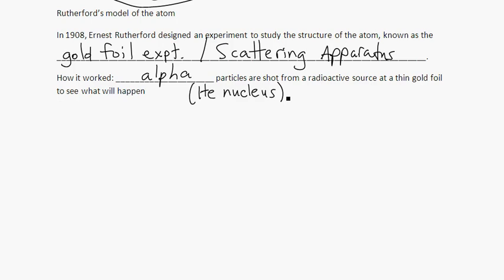So he took this radioactive element and he put it in a lead box with a hole in the box so that the alpha particles would be emitted in a specific direction. So we'll say this is the lead box, and this is the radioactive material.